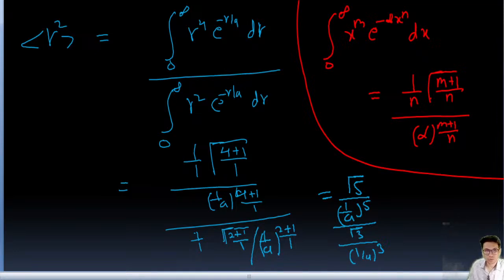Now we know the gamma property: gamma n plus 1 equals n gamma n. So we'll use this formula here.